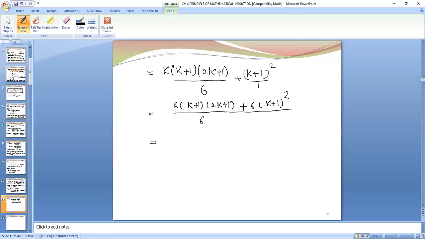Now, what could be the next step? For making our calculations easy, we can take this k plus 1 common.